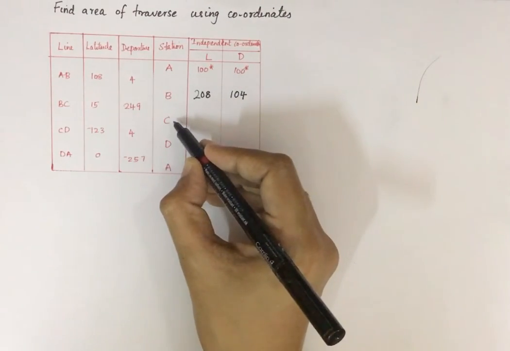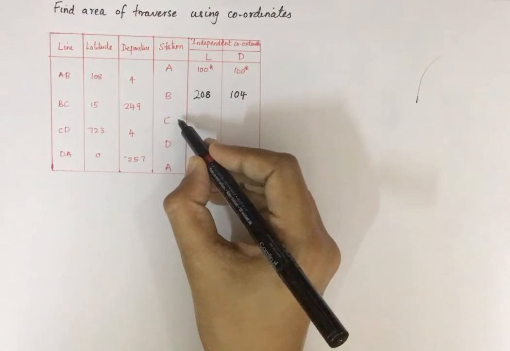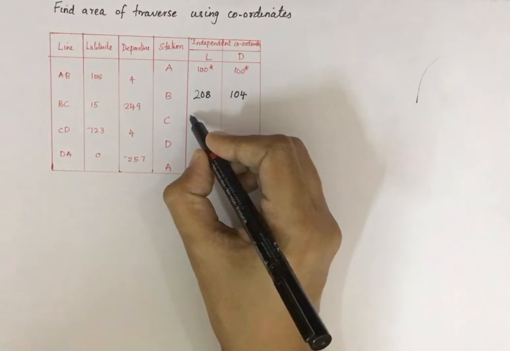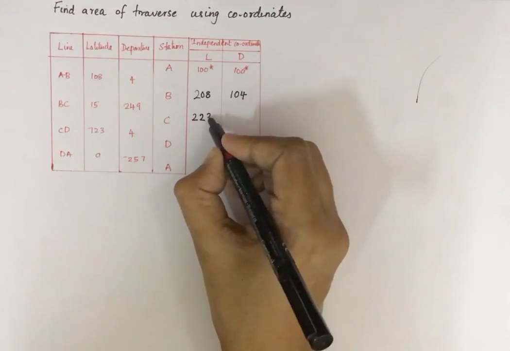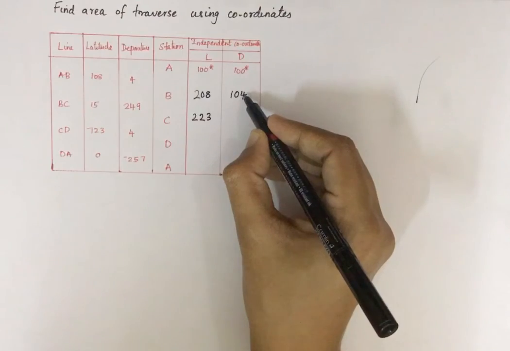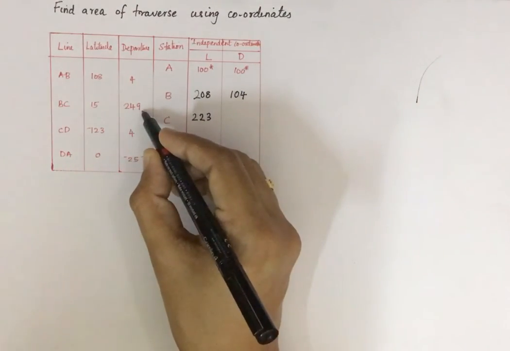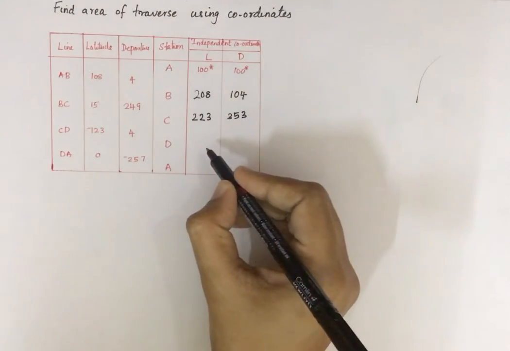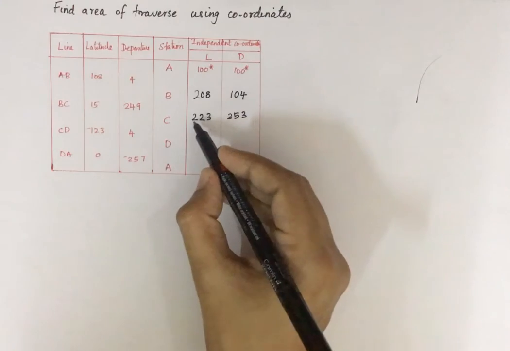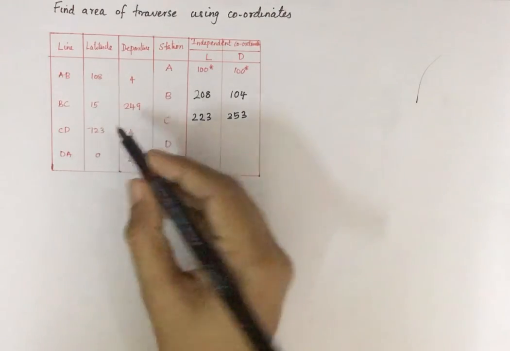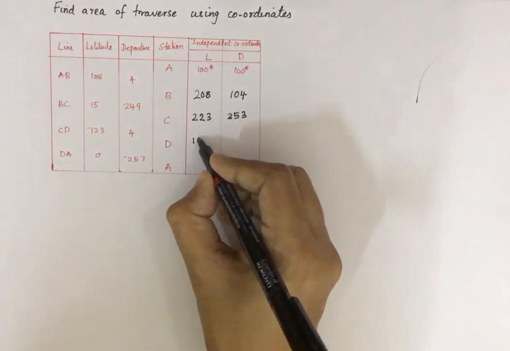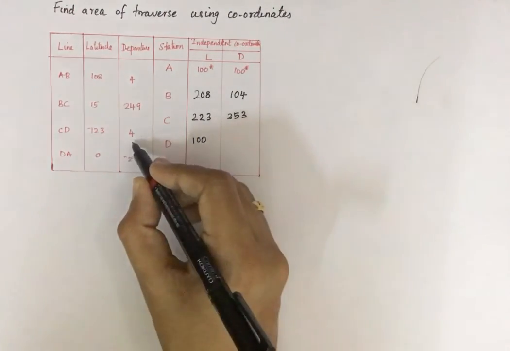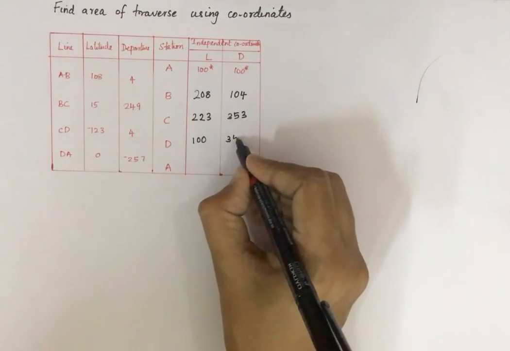Next, for station C, the independent coordinate is 208 plus 15, so it is 223, and the departure is 104 plus 249, that is 353. For station D, 223 minus 123, so it is 100. Departure 353 plus 4, it is 357.